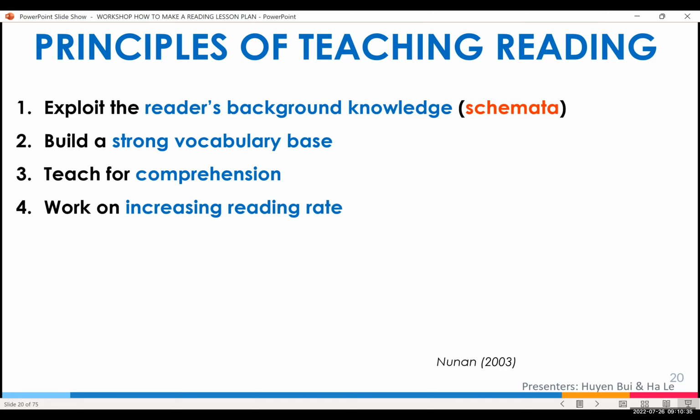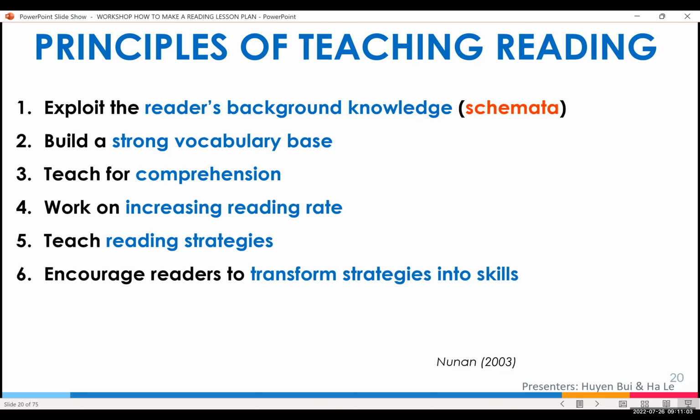Fluency is also one of the key elements in the reading process, so we also need to work on increasing reading rates. How can our students do reading tasks related to skimming or scanning? We need to teach them reading strategies so that they know the tips, the way to do reading tasks.